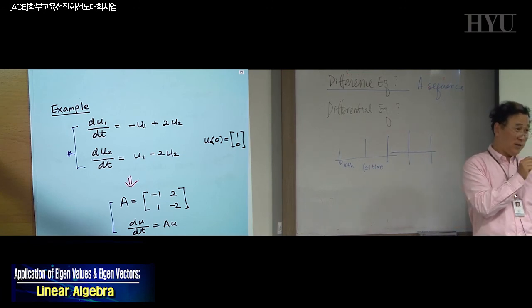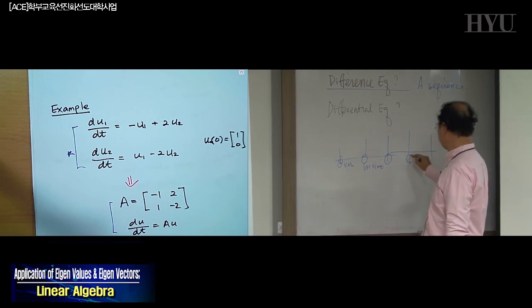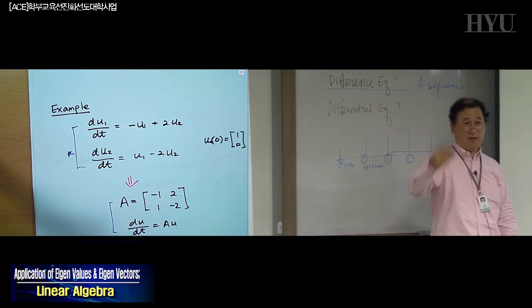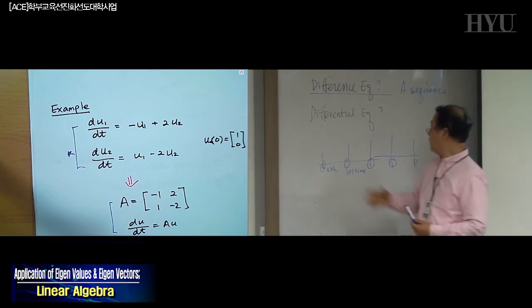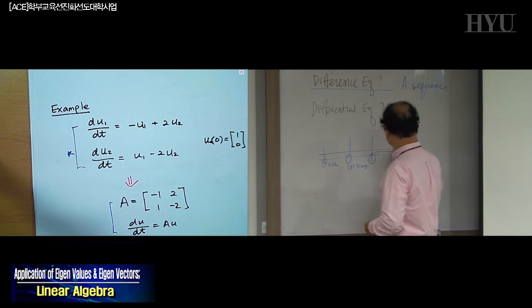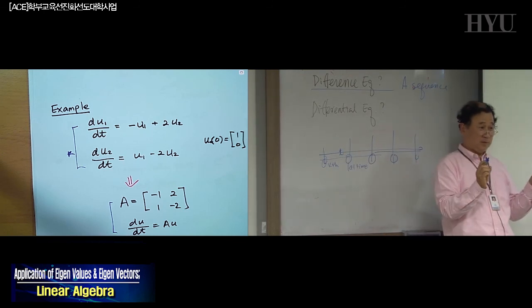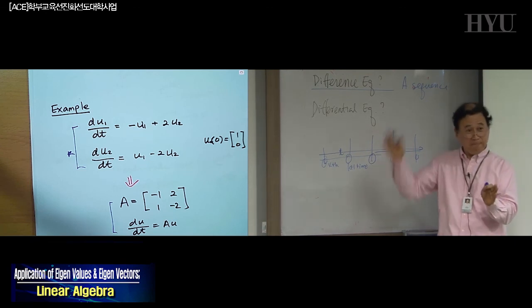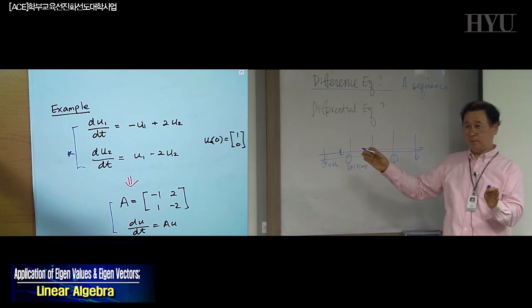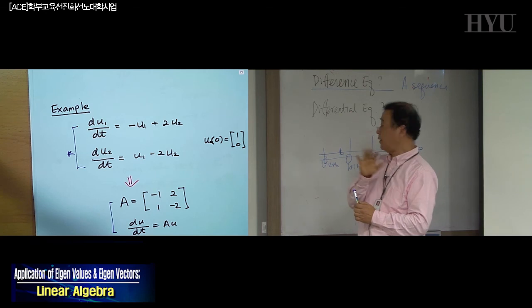The sequence, like, okay, zeroth time, next time, next time, next time, you can count. Then differential equation is continuous time. Difference is based on difference of a specific time. So that's the difference between two.